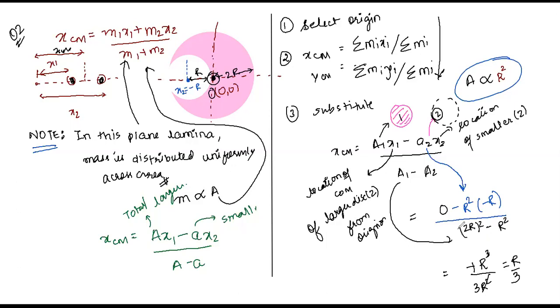So it means that r by 3 is the location of the center of mass. If you have a disk of this entire pattern, and you remove a part, what is happening? Initially, the center of mass is lying at its center here. This is the position of the center of mass initially, I can call it CI.